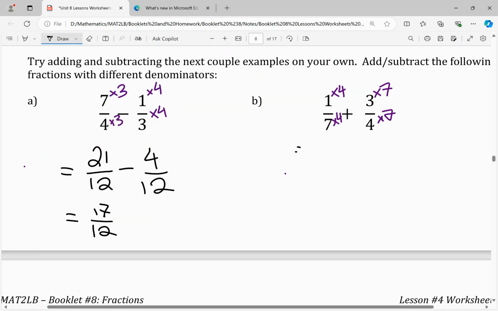This is going to equal 4 over 28 because 1 times 4 is 4 and 7 times 4 is 28, plus 3 times 7 is 21 over 4 times 7, which is 28. Now that they have a common denominator, I can simply do 4 plus 21, which is 25 over 28.